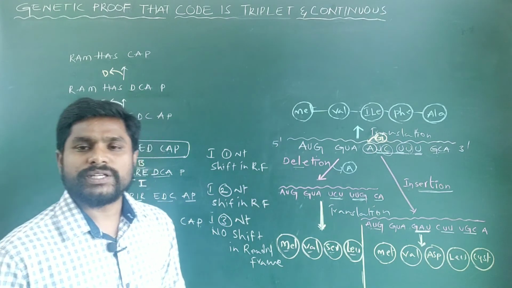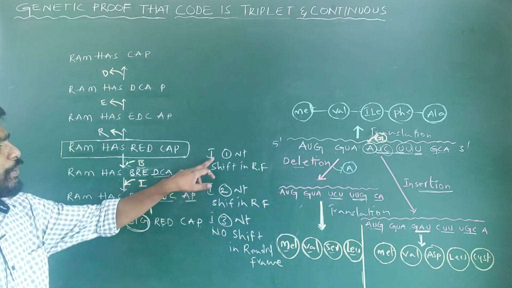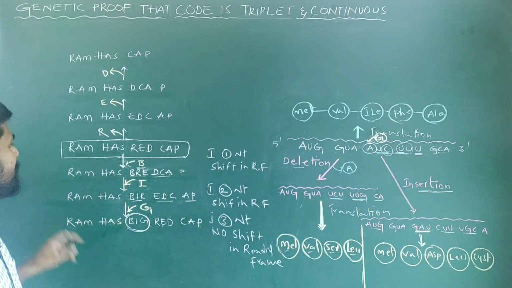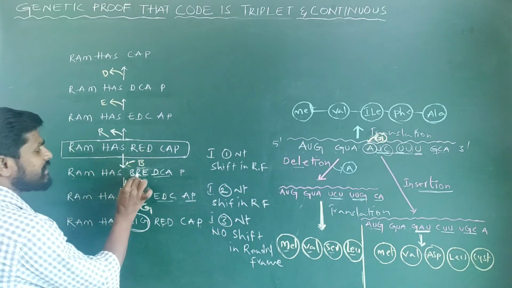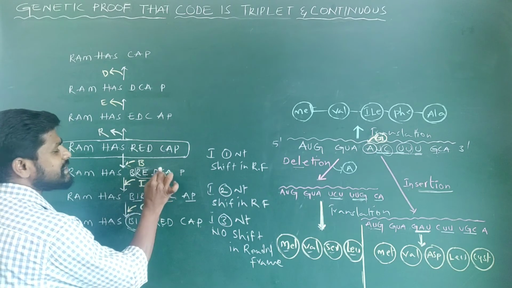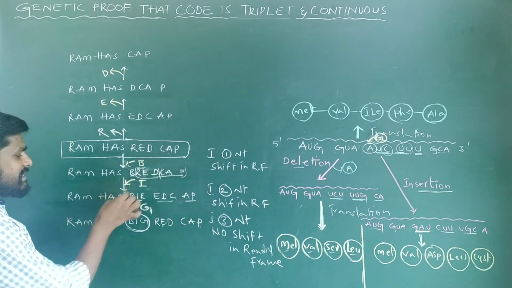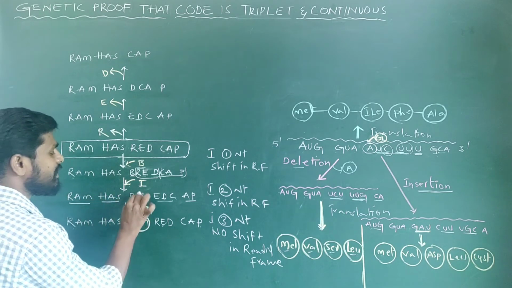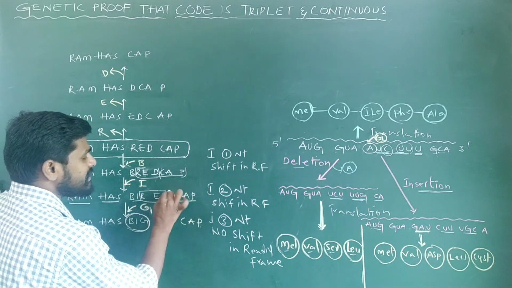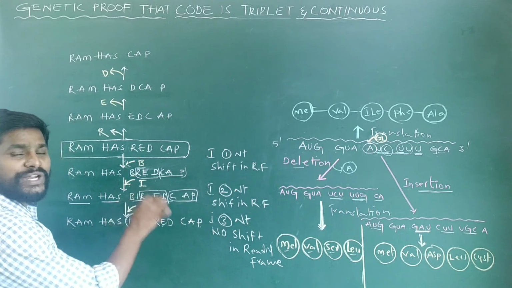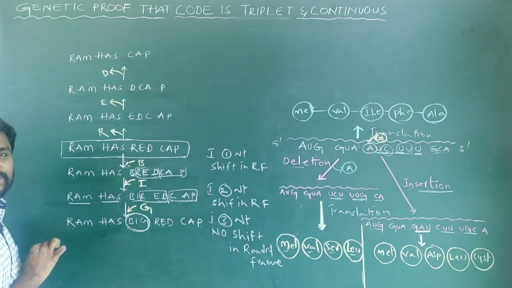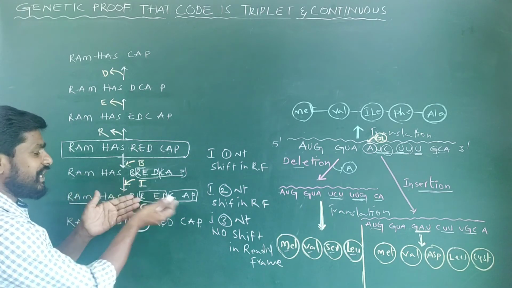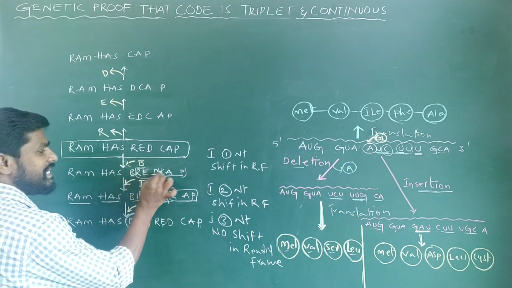If the code is not continuous, there could be no shift in reading frame in the first 2 cases, and the reading frame could be RAM has RED CAP. In the second case also, the reading frame could be RAM has RED CAP. But the code is continuous, hence the shift in reading frame like BREDCAP, BIREDCAP.